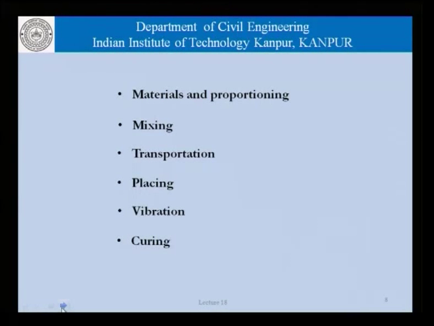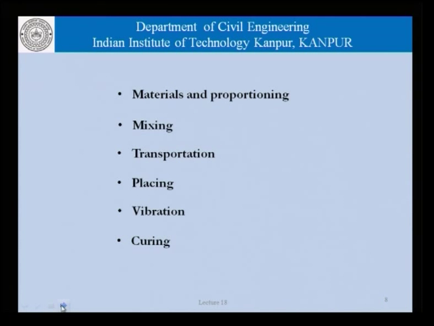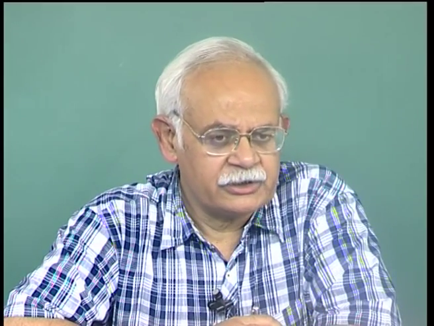We need to talk about mixing, transportation, placing, vibration, curing, everything. So, when we talk of hot weather or cold weather concrete, we need to take care of all the aspects relating to the concrete operation: materials and proportioning, mixing, transportation, placing, vibration and curing, all these operations we need to examine in light of the implications that colder weather or hotter weather than the normally expected range imposes on this operation.